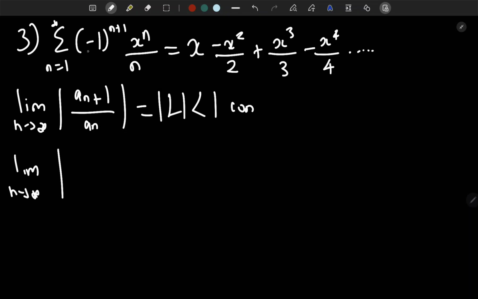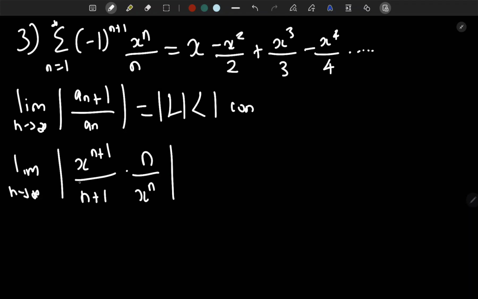So we can just completely ignore this part. Now the next part is x to the power of n plus 1. Remember that we are adding 1 to every n, over n plus 1, multiplied by the reciprocal of a of n. So it is going to be n over x to the power of n, absolute value.